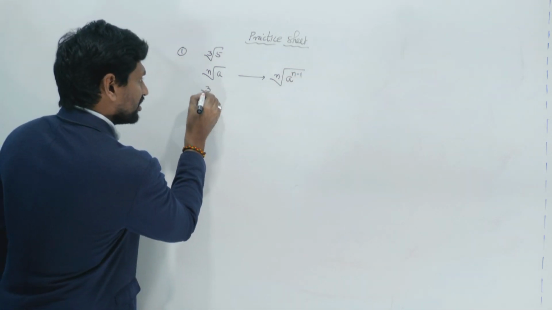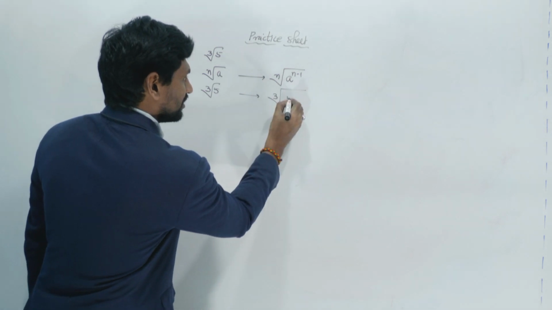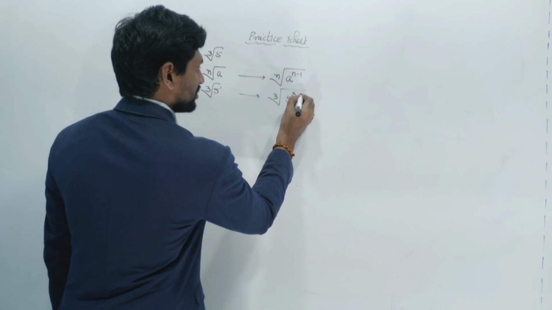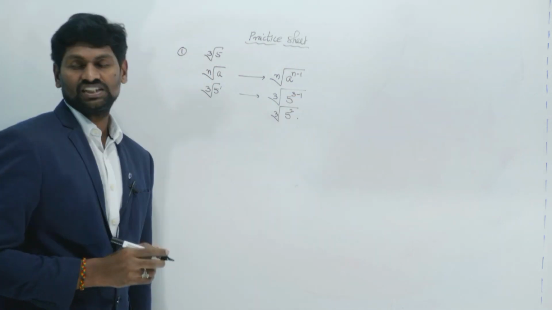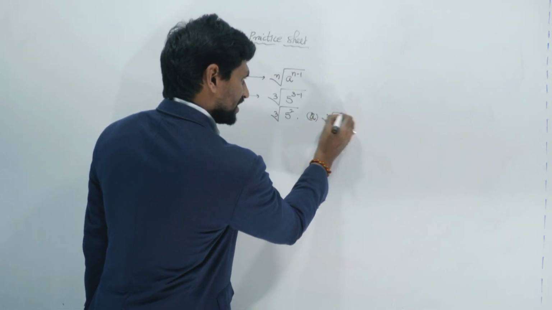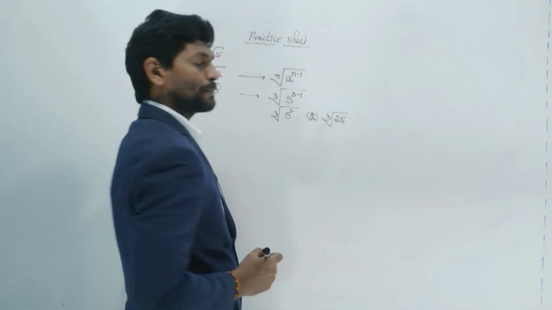In the same way, for cube root 5, the rationalizing factor is cube root of 5 power, where 5 has no power written, which means 1. So 3 minus 1, nothing but cube root of 5 square. This is the rationalizing factor. Or else you can write cube root of 5 square as cube root of 5 into 5, 25. You can write like this also.